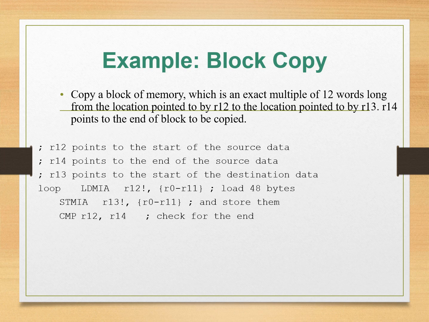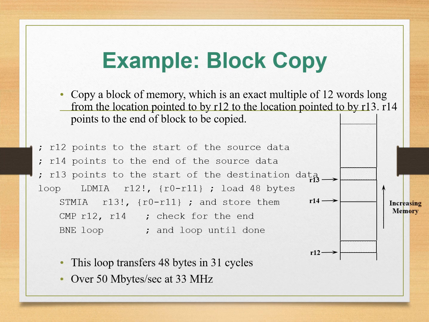And then you make a compare, whether R12 is equal to R14. R12 will be updated. Compare does not change any register, only the flags. If not equal, when you subtract R12 with R14, it will keep on going in the loop.